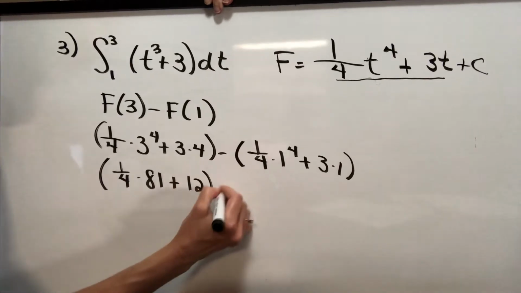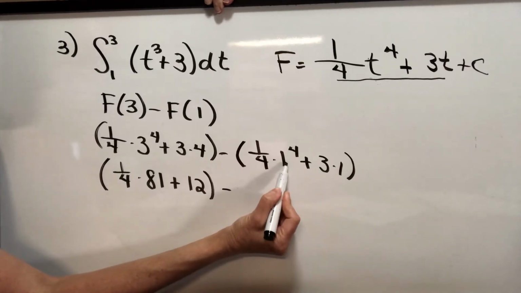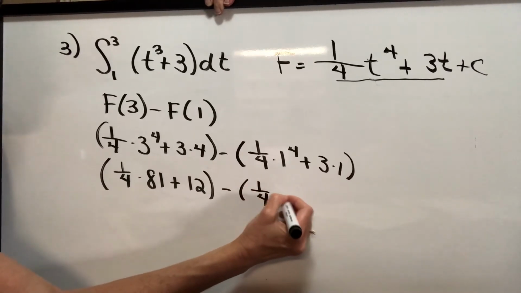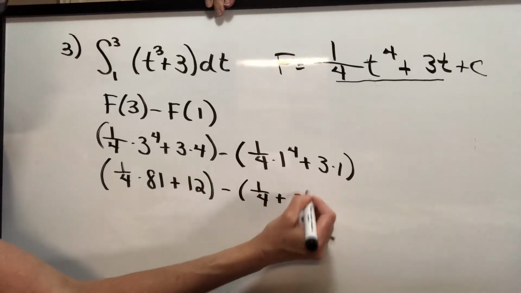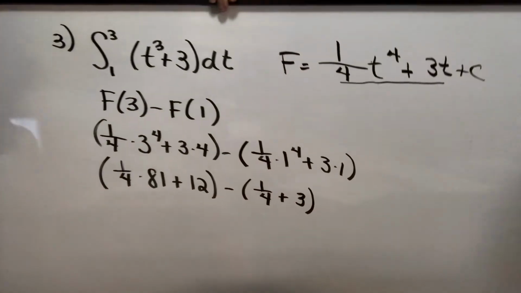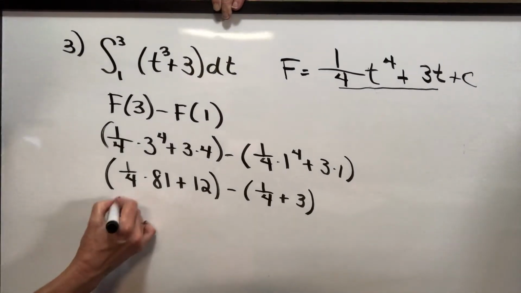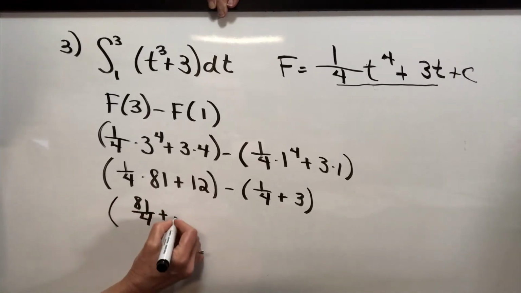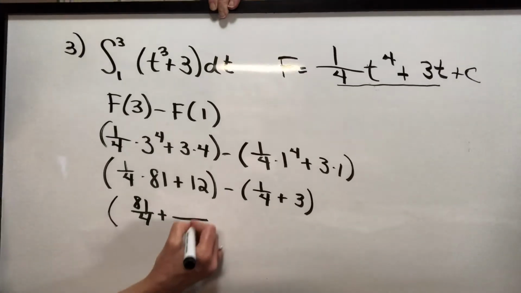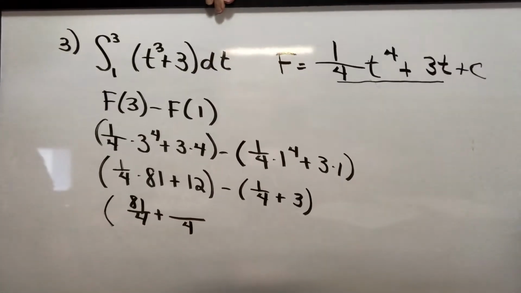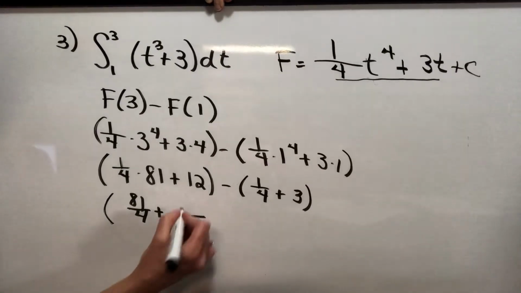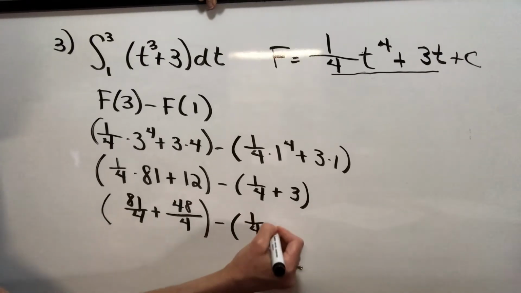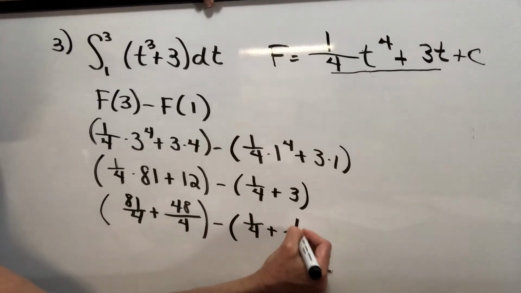Over here, 1 to the 4th is 1, so that's 1/4 plus 3 times 1, which is 3. 1/4 times 81 is 81/4, and then I have to add 9 to that, so I need a common denominator. Using 4 in the denominator, 9 would be 36/4, minus 1/4 plus 3, which would be 12/4.